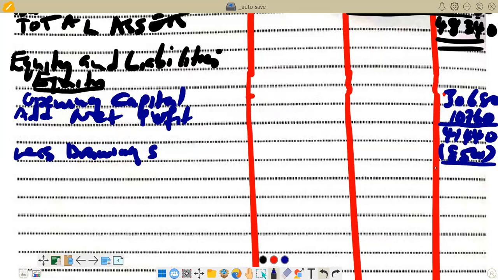Then we get 32,940. So this is the figure for our closing capital that we are going to add to liabilities that we have in the question. So here now we are going to liabilities. You start with non-current liabilities there if we have them in the question, but we check in the list of balances if we have got any non-current liabilities.